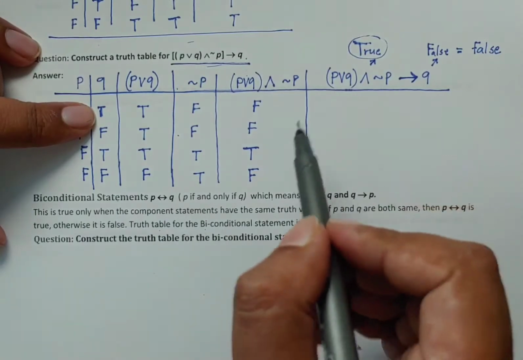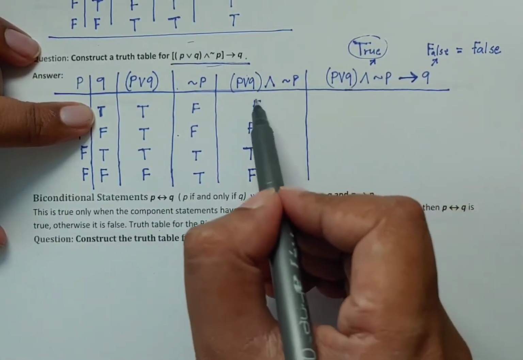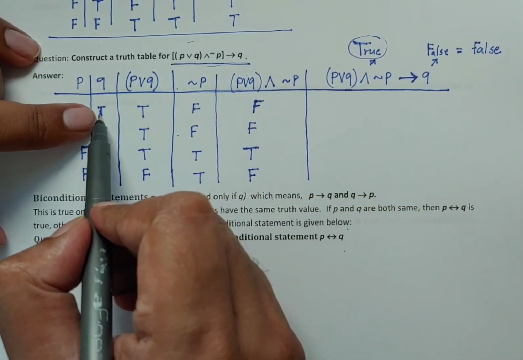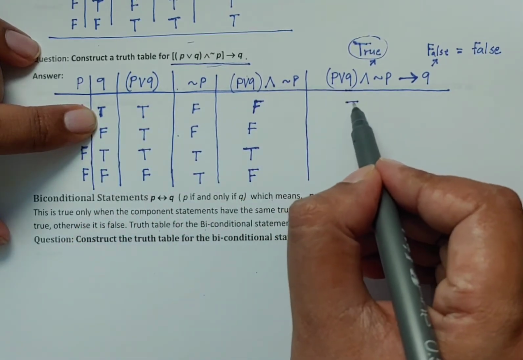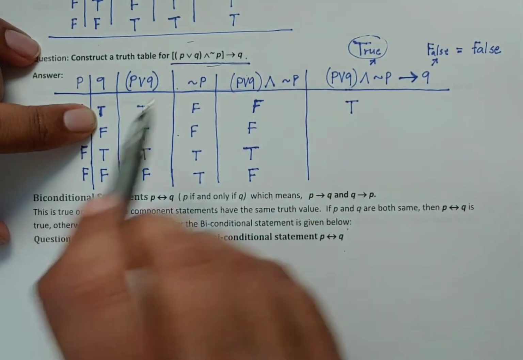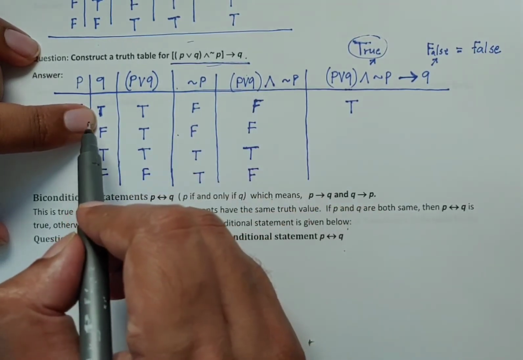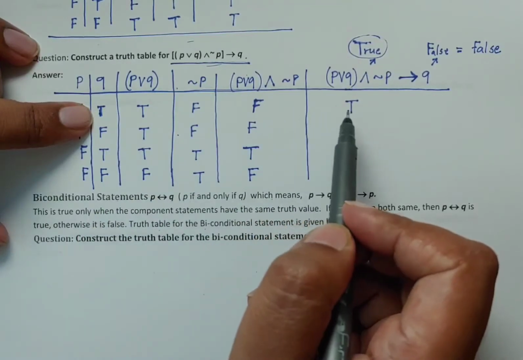So let's see. This part is false and Q is true. False implies true is true.